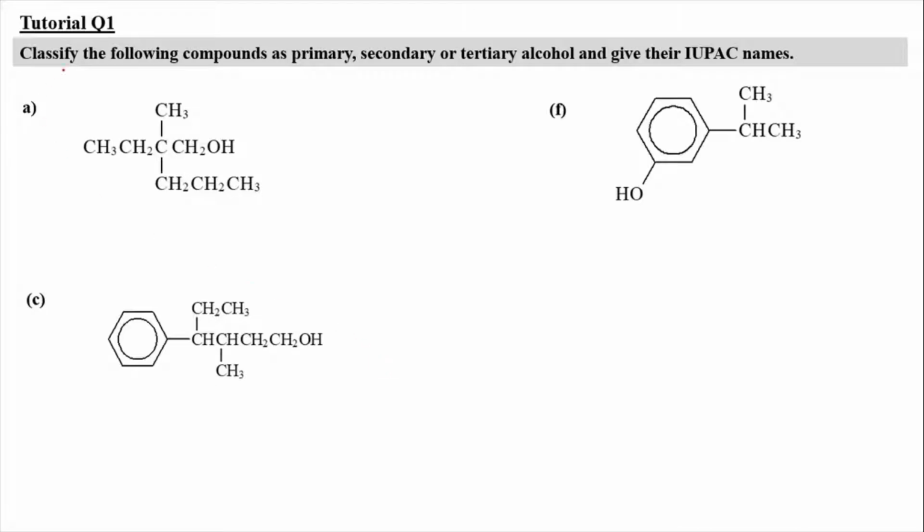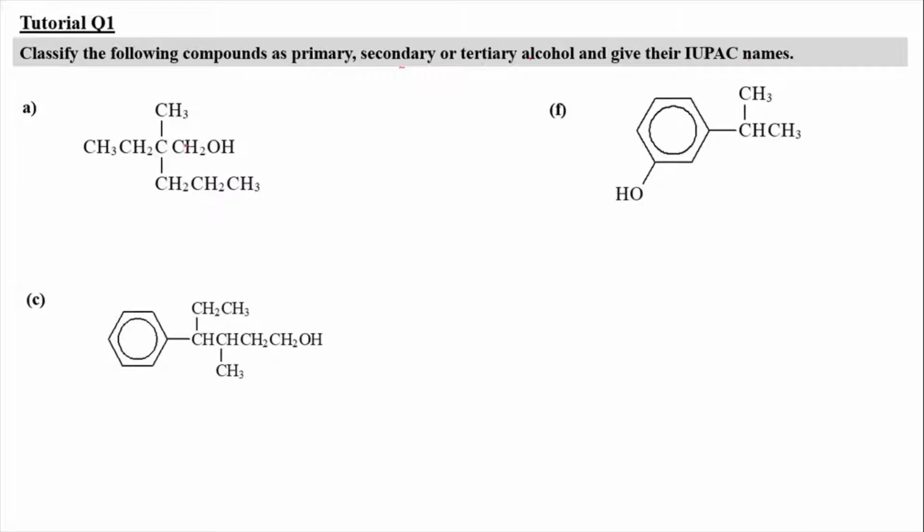So for tutorial question 1, we have to classify the following compound as primary, secondary, or tertiary alcohol and give their IUPAC name. So for the structure A here, we're going to have a hydroxyl group here and it is attached to this structure here. So first we have to identify their alcohol.